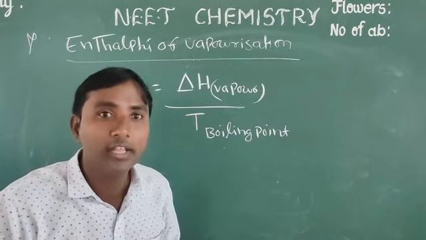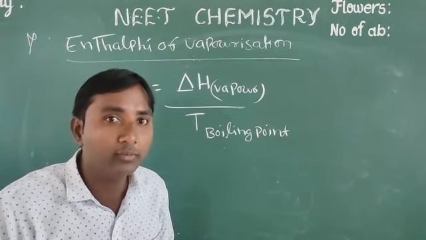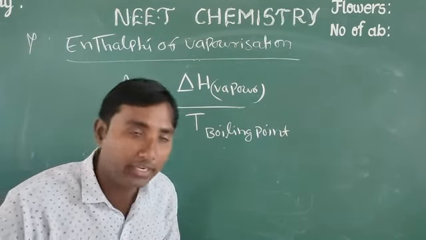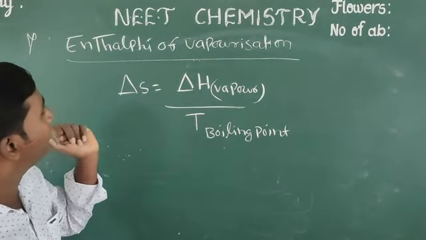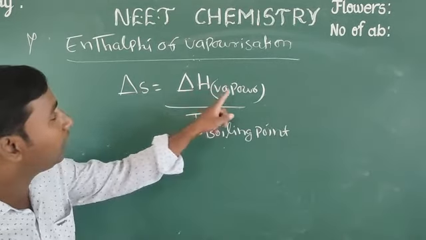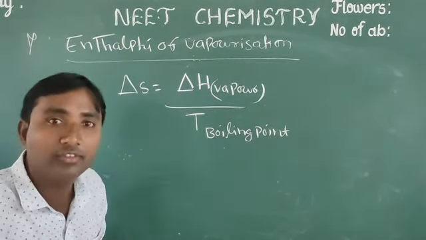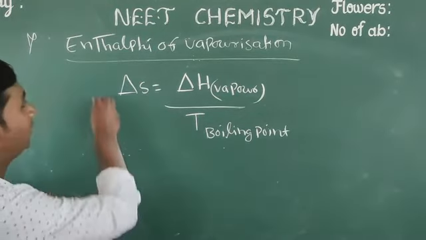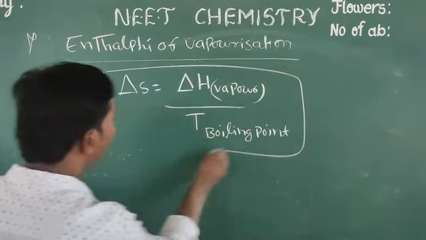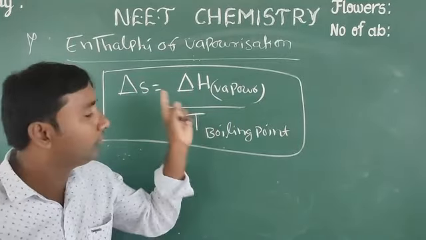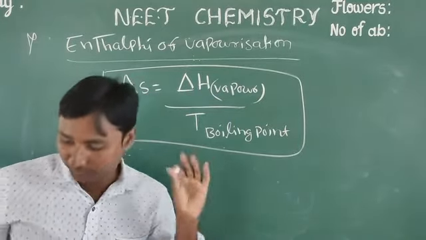So entropy change equals enthalpy of vaporization by boiling point temperature. So del S equal to del H by T.